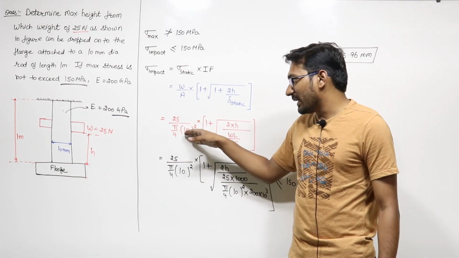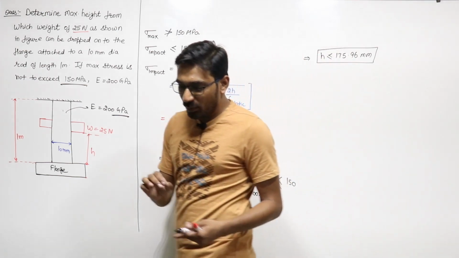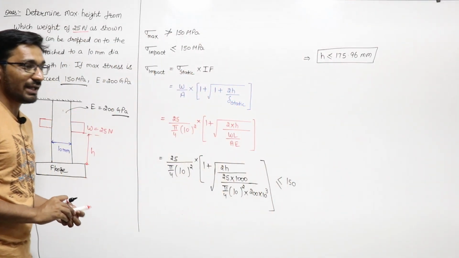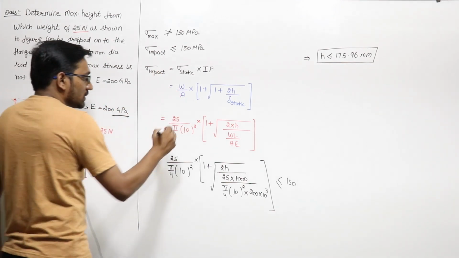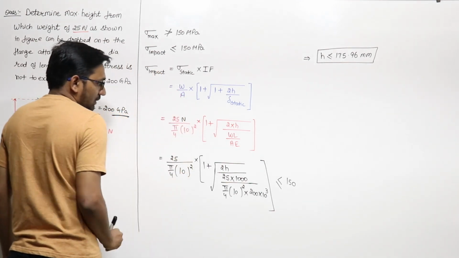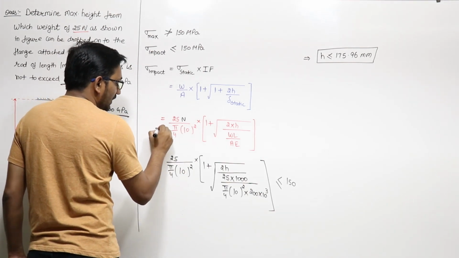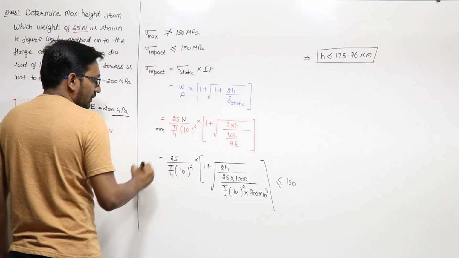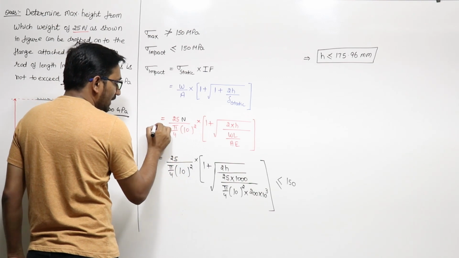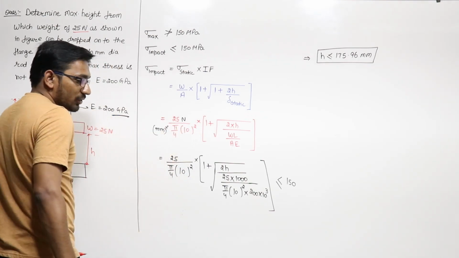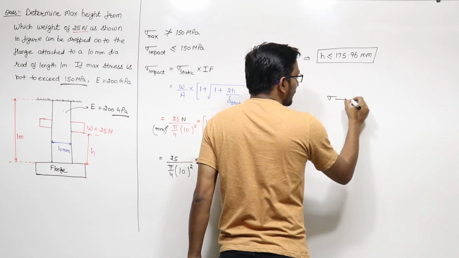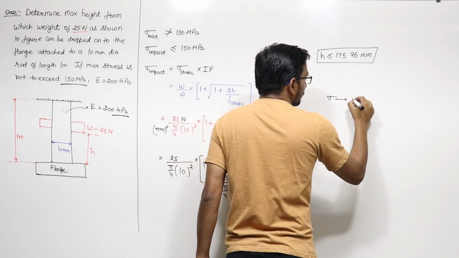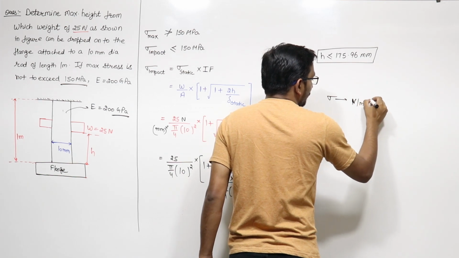We are taking the load in Newton. Just make one thing very clear, in strength of materials, it will help in your further discussions also. This is in Newton and I am taking the dimension in mm, so the unit of area will be mm square and the unit of stress will be Newton per mm square.